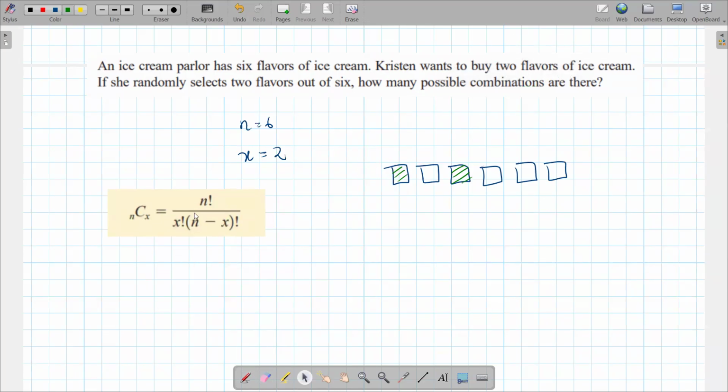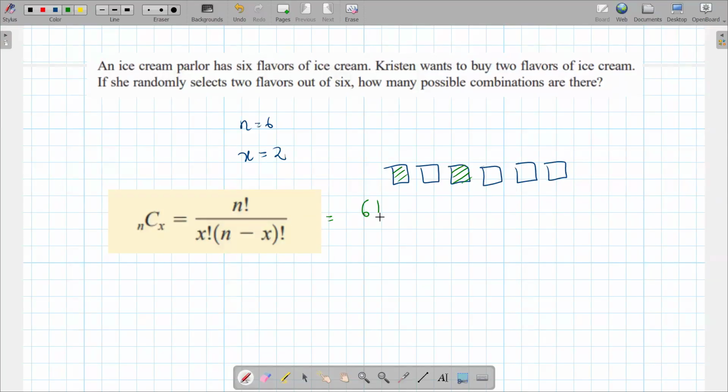So for the final answer, we're just going to use this formula. n factorial, where 6 is your n, divided by x factorial, so that's 2 factorial, and in a bracket you have n minus x, so 6 minus 2 factorial. So this becomes 6 factorial over 2 factorial times 4 factorial.